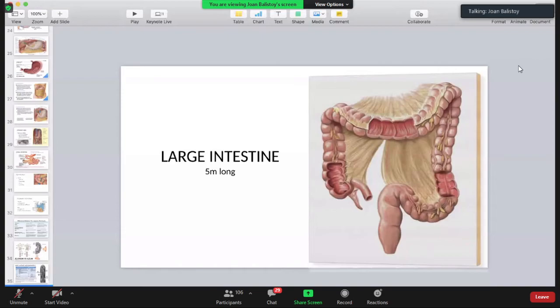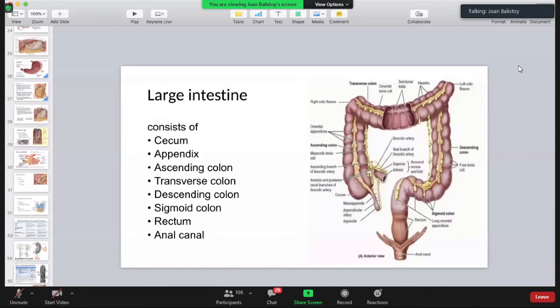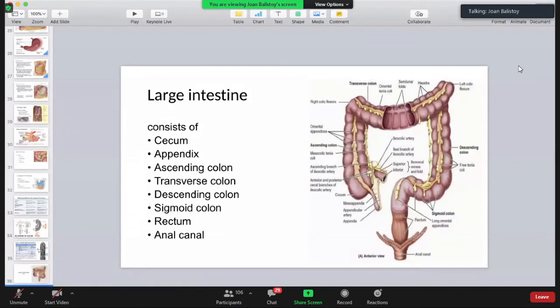The large intestine is 5 meters long and it consists of these parts. You have a cecum, appendix, ascending colon, transverse colon, descending colon, sigmoid colon, rectum, and anal canal. So these 8 parts comprise your large intestine.